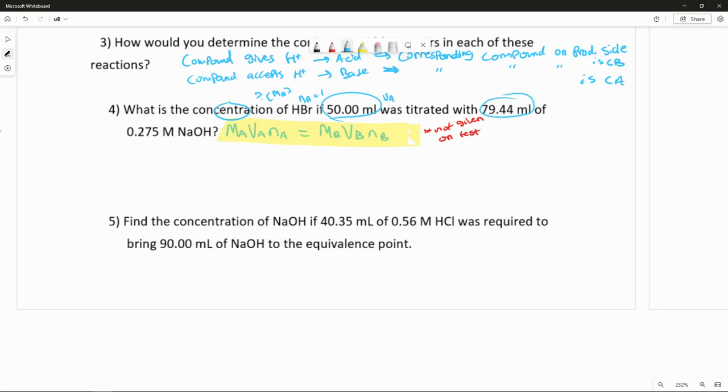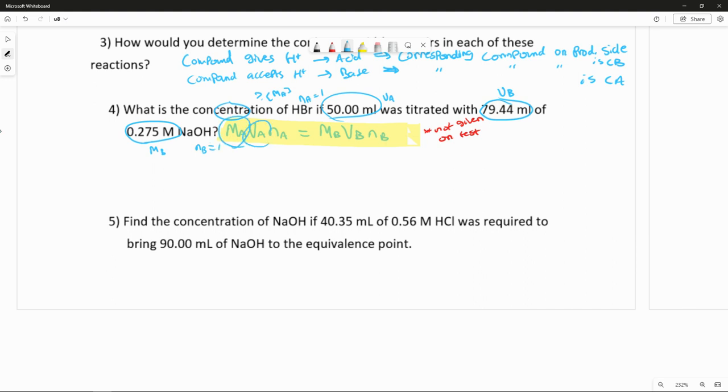With the base now, the NaOH, sodium hydroxide, the volume is going to be 79.44 and the molarity is going to be 0.275. We know that there is no subscript after NaOH. It's not a 2, it's not a 3, it's just an invisible 1. So Nb is going to be equal to 1.